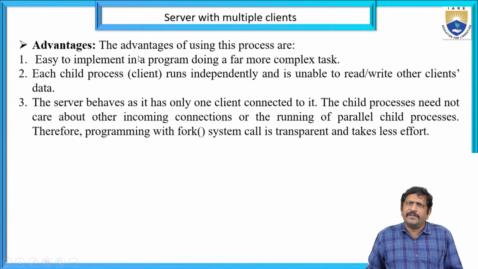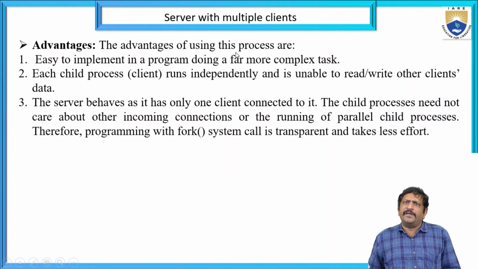And advantages. The advantages of using processes are that they are easy to implement in programming, even for more complex tasks. So the implementation is very easy. This is one advantage: multiple client-server model implementation is very easy. It is unambiguous.